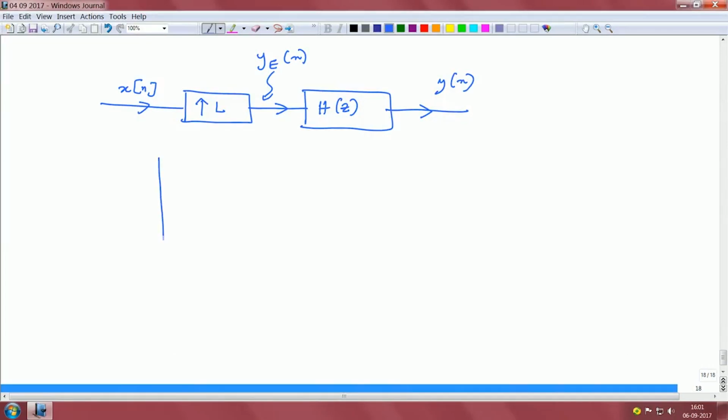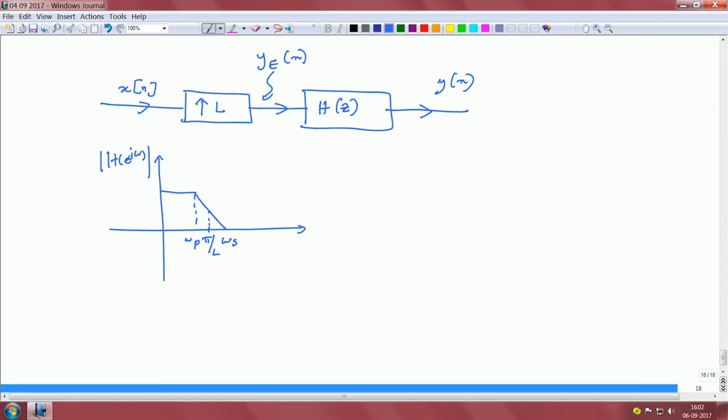Okay. And one can think about the magnitude spectrum of this filter in a similar way. So, ω_p, and probably this point here is your π/L.